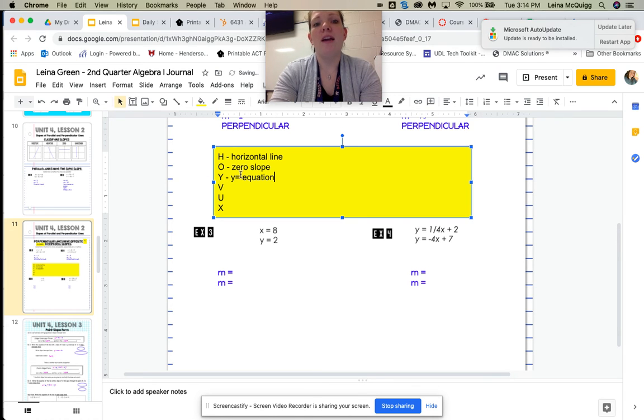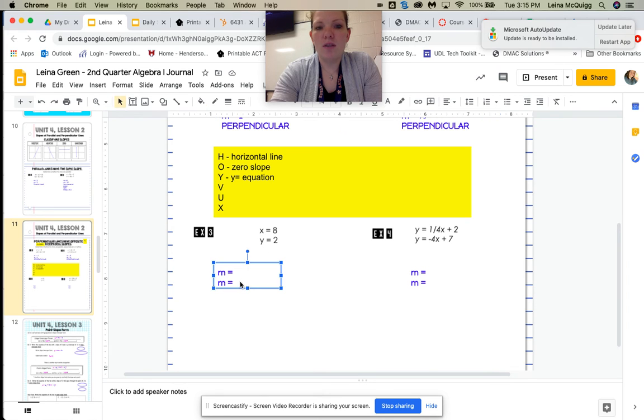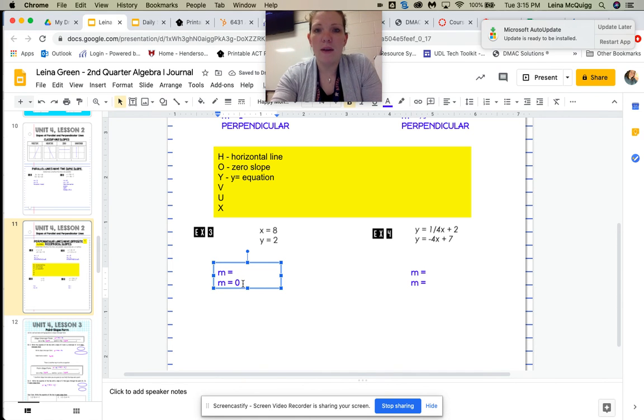It also works the other way. If I have y equals something, that means my slope is going to be 0, and my line is going to be horizontal. Out of these two equations, I have one that says y equals something. So here my slope is 0. For the second equation, my slope is 0 because it says y equals. I'm going to use Hoy-Bucks. So I have a slope of 0.